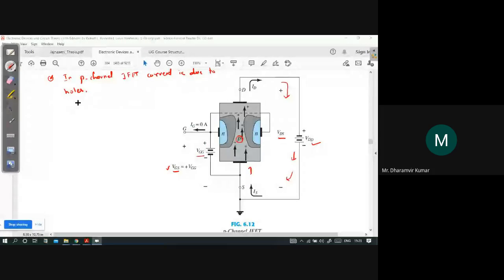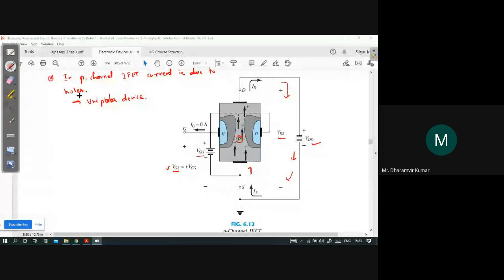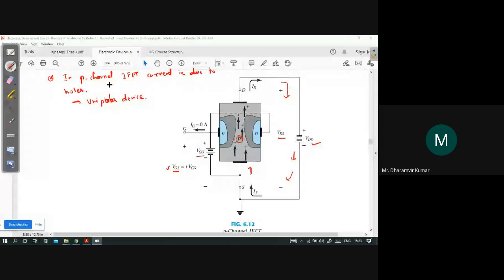We had seen this term earlier also, unipolar device. Okay, so holes are the contributing factor in the current in p channel JFET, and for n channel JFET, free electrons were the charge carriers contributing in the current. Okay, so this is one very important difference.